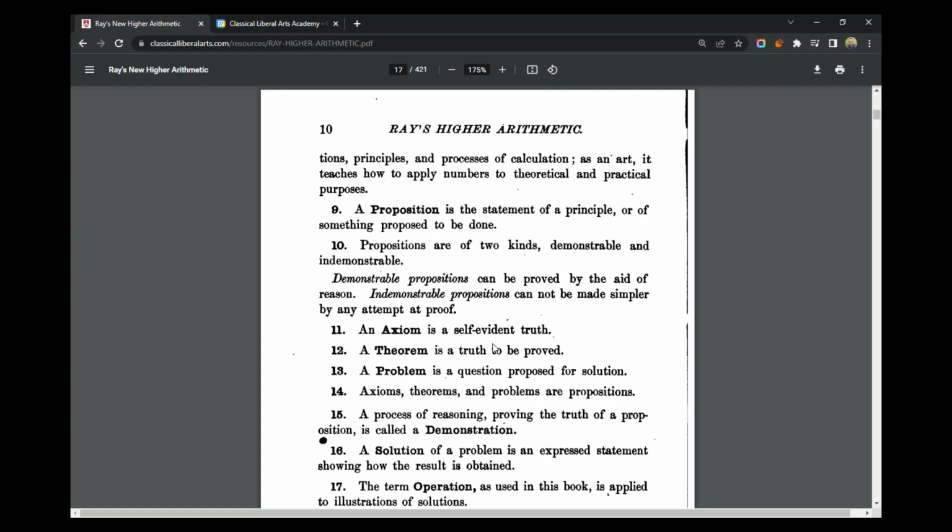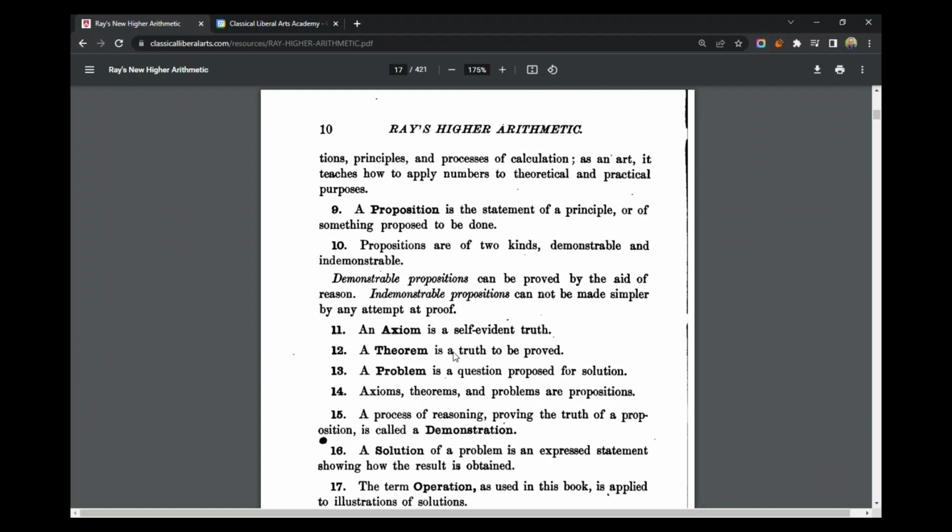An example of an axiom would be, a part is less than the whole. That's an example of a self-evident truth.